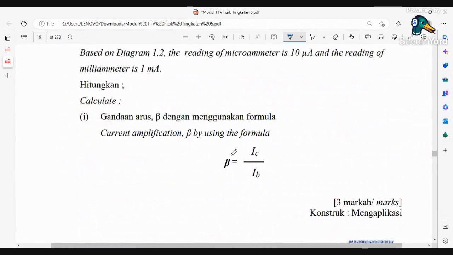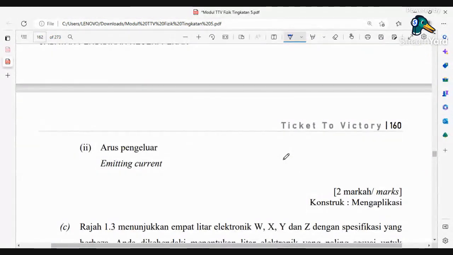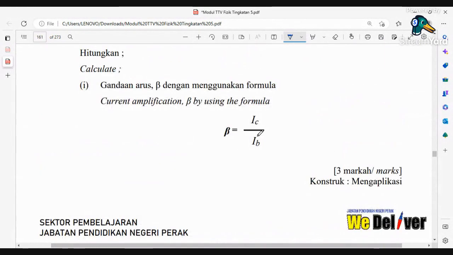Okay, amplification factor, beta equals to IC over IB. Calculate current amplification. So IC equals to what? 1 milliampere, 10 microampere. Changed all to the number without prefix.